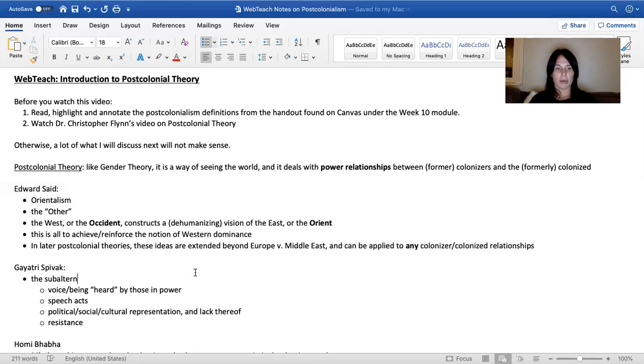But thinking about the subaltern in Spivak, she's very concerned with their voice, and not their singing voice, but whether they are heard by those in power or by anyone who has more power than they do in a given society. So she talks about these things called speech acts.